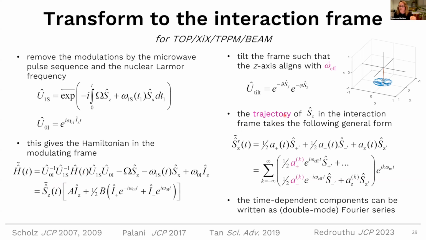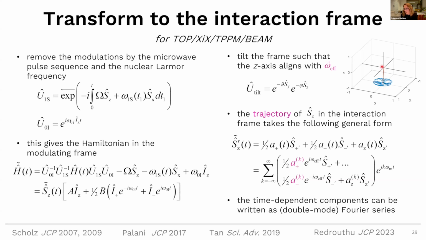And just like in the tilted rotating frame, we're going to tilt the frame such that the z-axis now aligns with omega effective. Now, this omega effective is not the vectorial sum of omega 1 and capital omega, the resonance offset, but this is the effective frequency that I already indicated when I first described the trajectory of the TOP DNP sequence. So it's the effective flip angle divided by the length of each block of the pulse sequence.